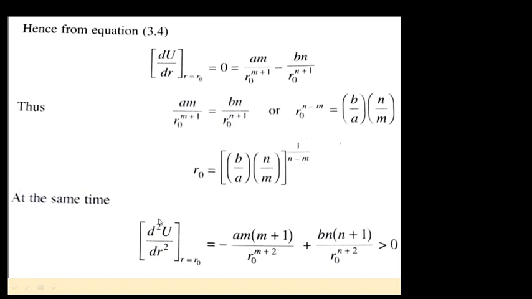Now when you go with the second derivative, what do we generally take the second derivative for? If you remember, from the graph you will know whether the graph is increasing with the slope or decreasing with the slope. Are you remembering that? So I am taking d square u by dr square because I wish to prove whether I am decreasing with the n power or increasing with the m power.